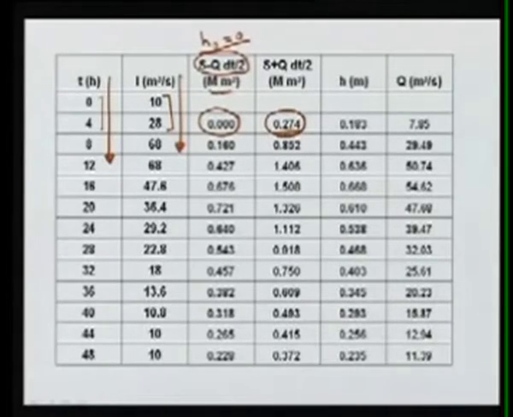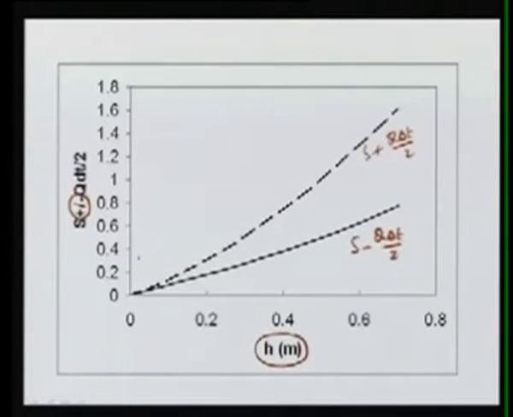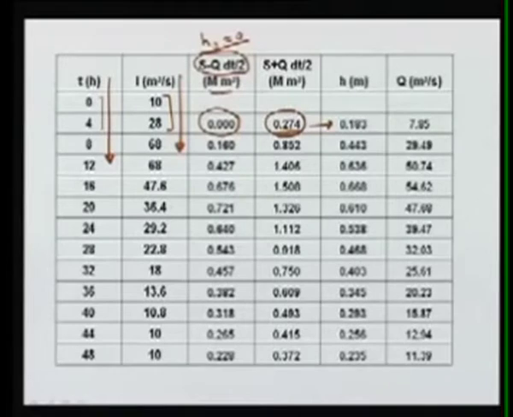Corresponding to this 0.274, we would look up from the graph and see the value. So 0.274 would be somewhere here, and from the graph we can look up the value of H. It turns out to be around 0.183.